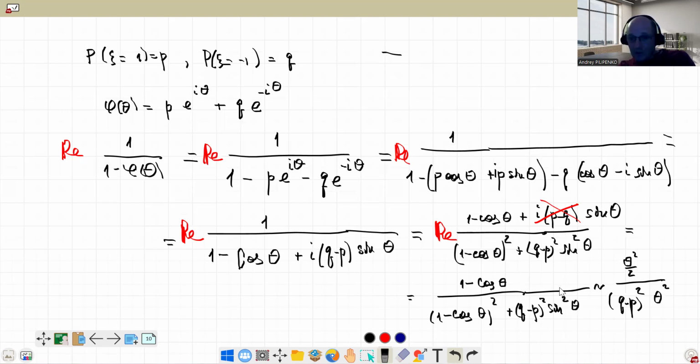So there is a limit of this function as theta approaches 0, and hence the integral of this is convergent. And we get transiency if p is not q. I forgot to say that p is not q. And in this example, you may see that you have to operate with complex numbers, and in order to calculate this number, you have to multiply by the conjugate and think a little bit.